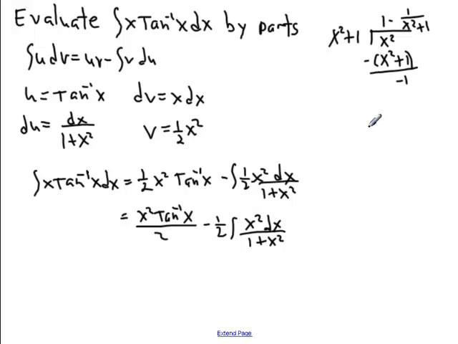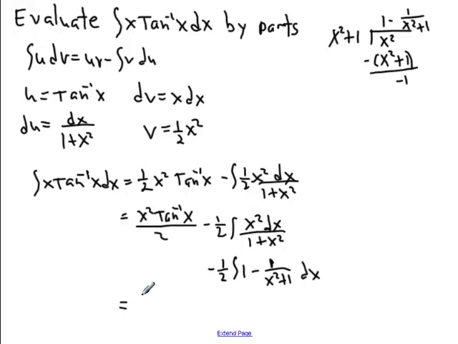Now, when we plug that in, minus 1 half the integral of 1 minus 1 over x squared plus 1 dx, and both pieces we can now integrate and everything works out fine.